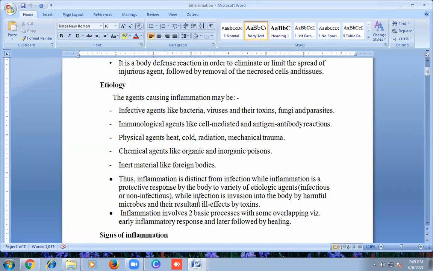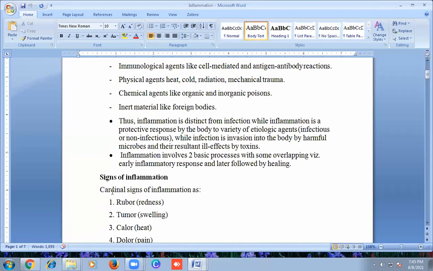But inflammation is either infectious or non-infectious. Inflammation involves two basic processes, with some overlapping: the early inflammatory response, and later it is followed by healing. First, it shows the early inflammatory response.